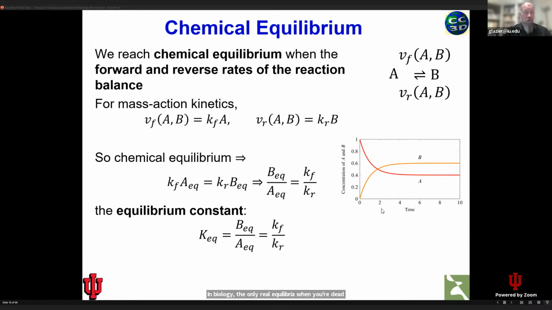And so we're not usually going to be in chemical equilibrium, but it's an important concept. And in particular, the ratio of the forward and backward rate constants gives us the ratio of concentrations at equilibrium. That's called the equilibrium constant, and it's what normally is measured in experiment. Unfortunately, it doesn't tell us Kf and Kr separately. It only gives us the ratio.